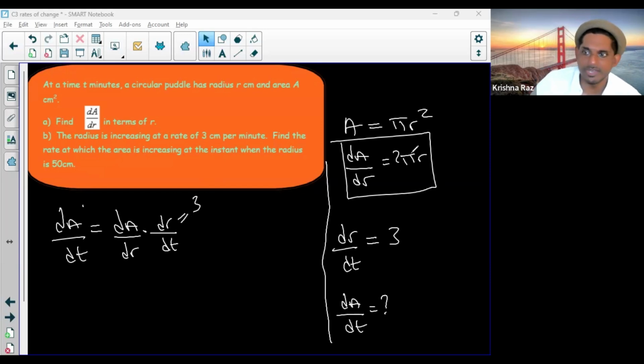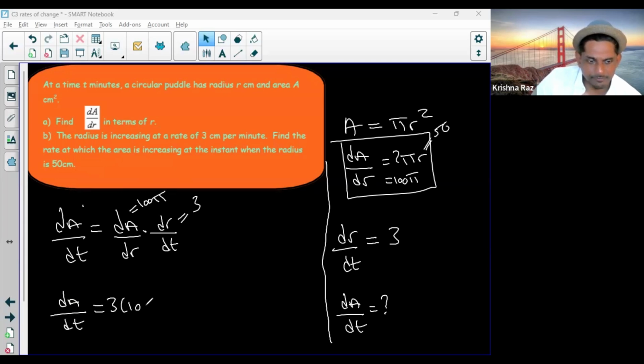At the instant when the radius is 50, that equals 100 pi. So dA by dr is 100 pi. So the rate of change of area with respect to time must be 3 times 100 pi, which is 300 pi centimetres squared per minute.